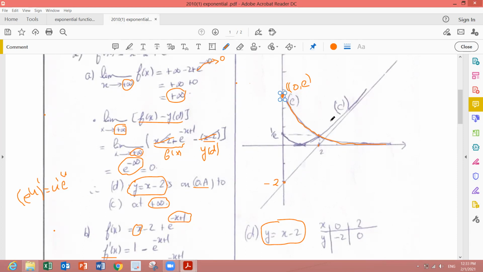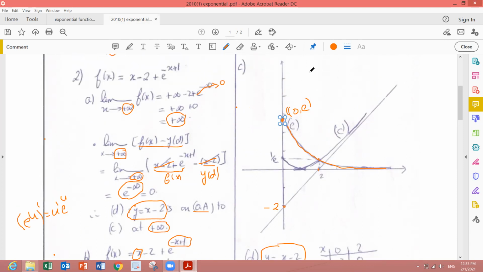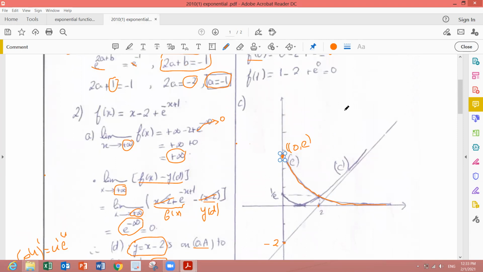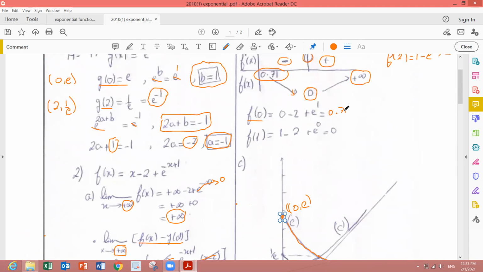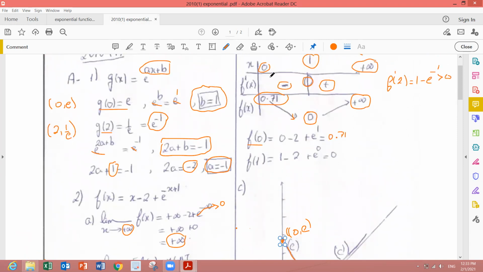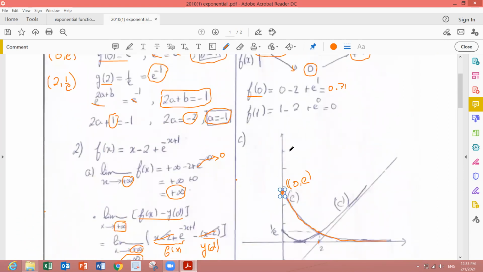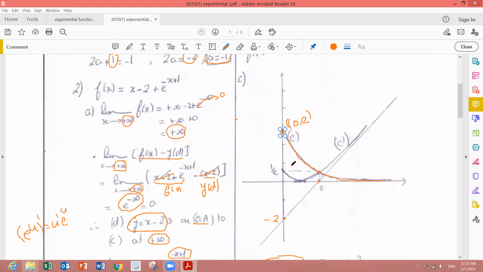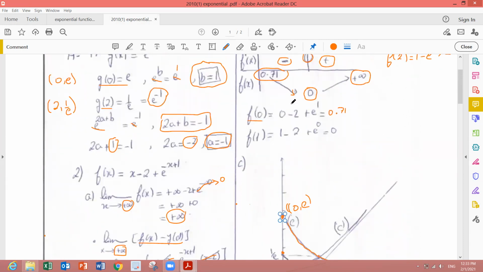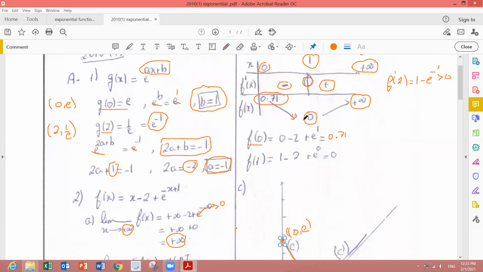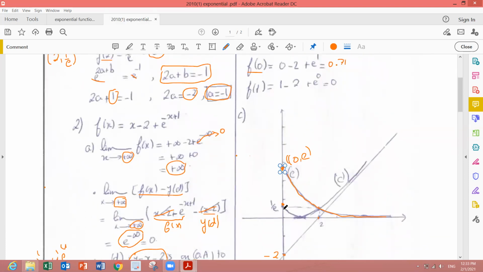Now to draw the curve C prime, it starts from 0.7. Here, it starts the curve from here, 0.7, then decreases to the minimum at 1.